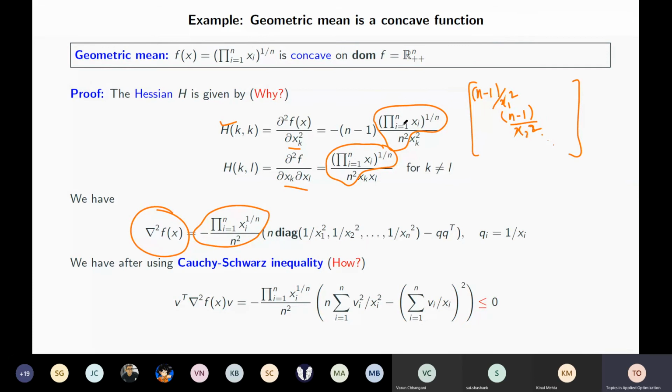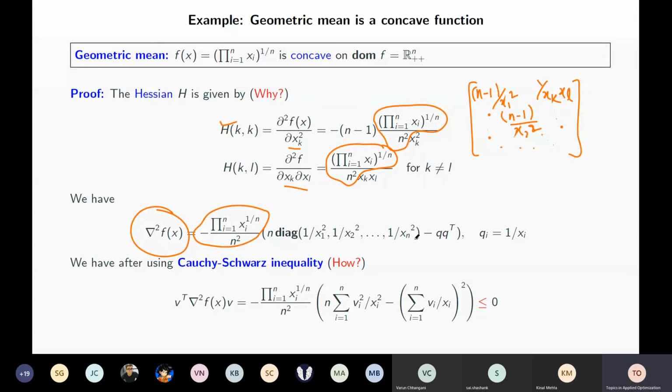These are the diagonal terms. What is left in the off diagonal terms are 1 by xk xl type terms. So in the first row, k will be 1: 1 1, 1 2, 1 3, 1 4, and so on. This type of terms are there in the off diagonal terms.